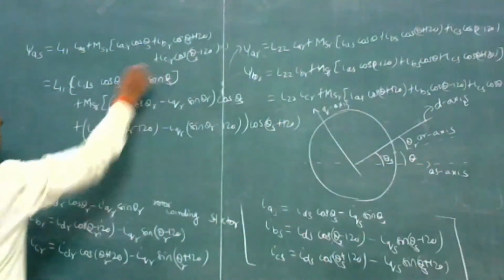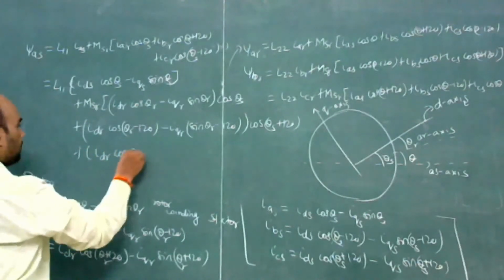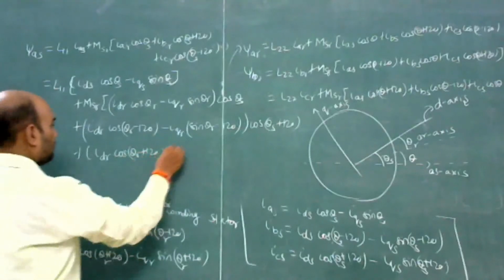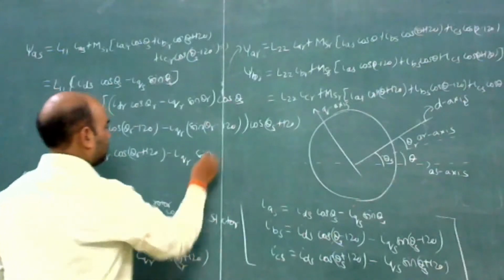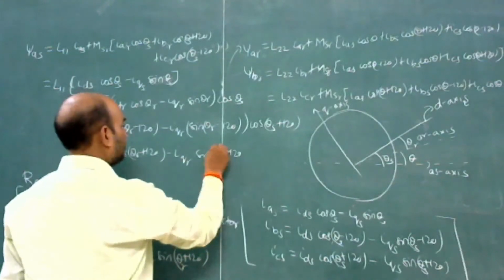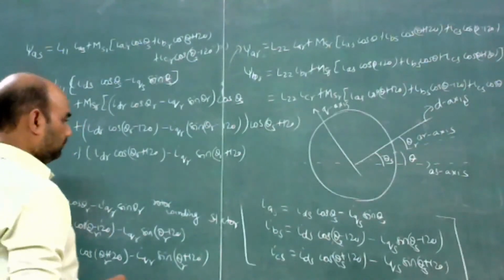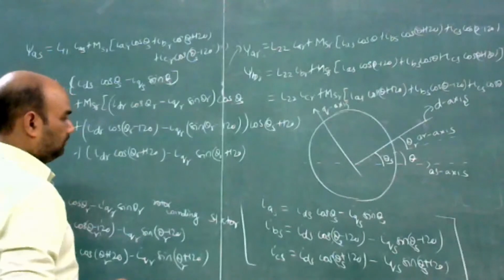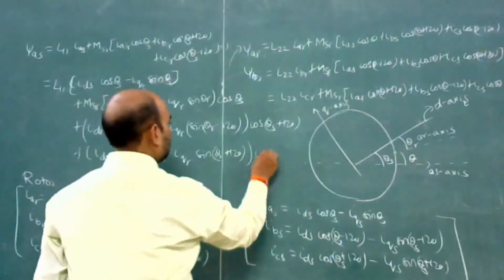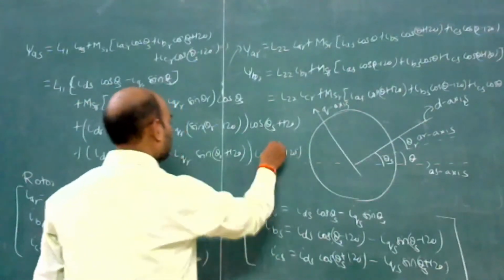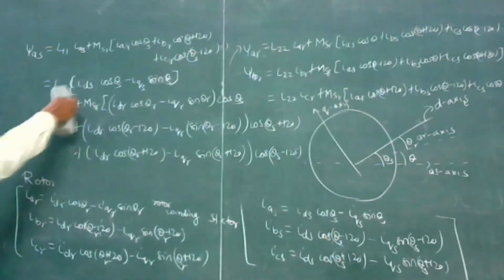Then we have to substitute ICR, which is IDR cos theta r plus 120 degrees minus IQR sin theta r plus 120 degrees, whole multiplied by cos theta s minus 120. Okay, so this is the value of psi AS in ID and IQ.